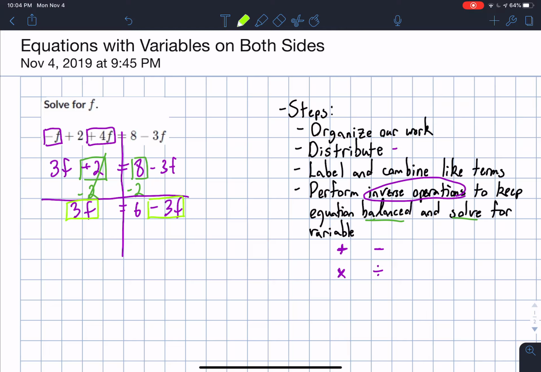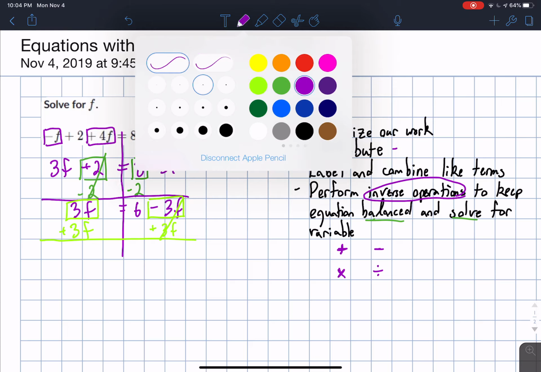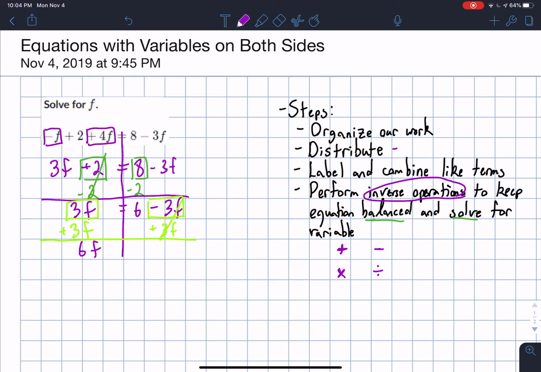So I'm looking at this minus 3f on my right, and I'm going to do the inverse of that, plus 3f, that's a bad color, to then cancel it off my right side and add it onto my left side, and I'm going to end up with 6f equals 6. Notice how we're adding 3f to both sides to keep our equation balanced.